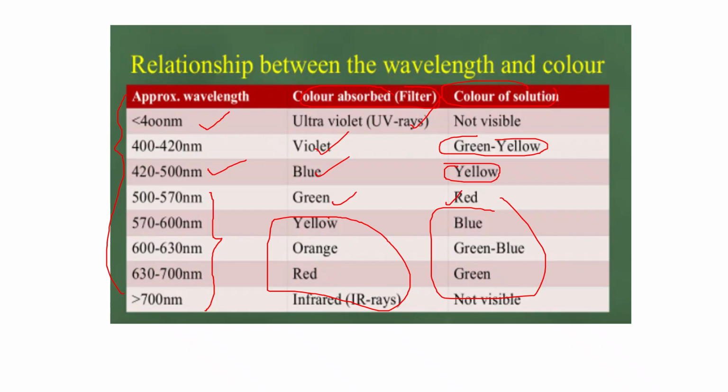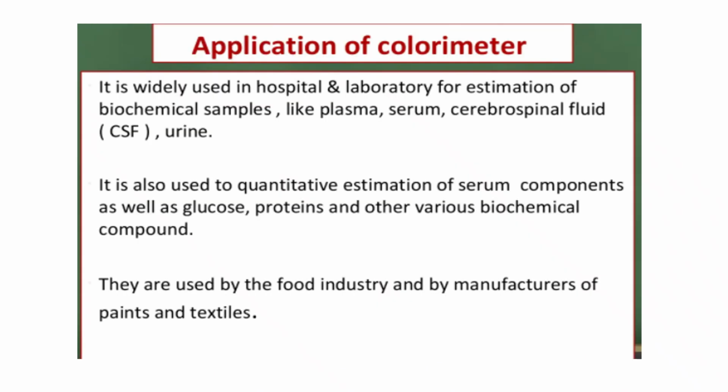Now let us move on to the applications of colorimeter. It is widely used in hospitals, laboratories, path labs, etc. for measuring protein concentration, serum concentration, CSF, that is cerebrospinal fluid concentration, cholesterol, triglyceride measurements, glucose estimation, and various biochemical compound concentrations. So it is used for diagnostic purposes in biochemistry labs and path labs.